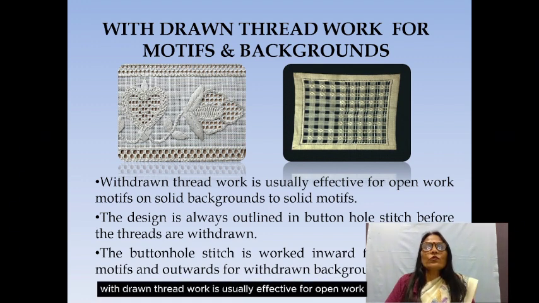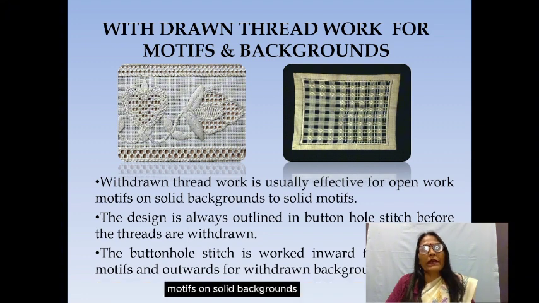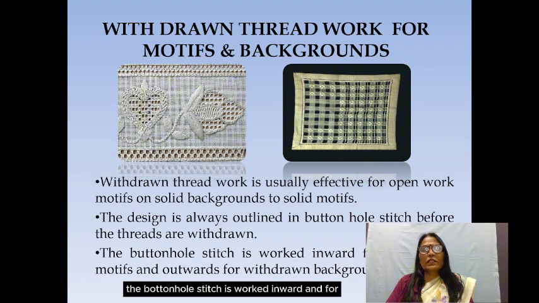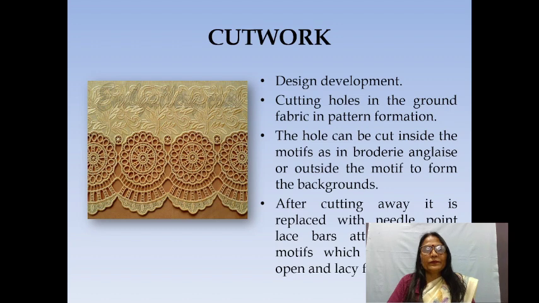Withdrawn thread work is usually effective for open work motifs on solid backgrounds or solid motifs. The design is always outlined in buttonhole stitch before the threads are withdrawn. The buttonhole stitch is worked inward for withdrawn motifs and outwards for withdrawn backgrounds.